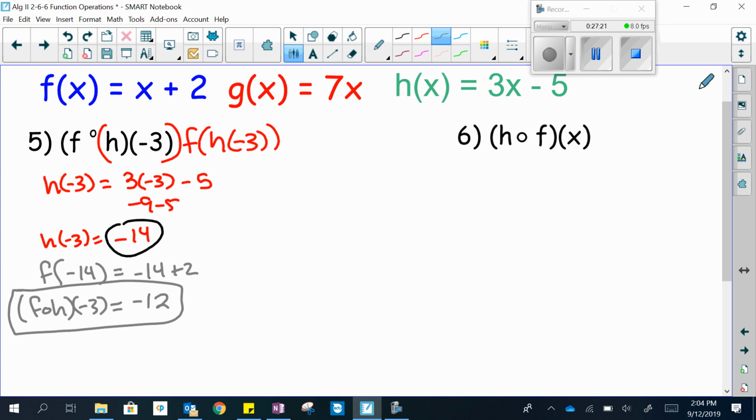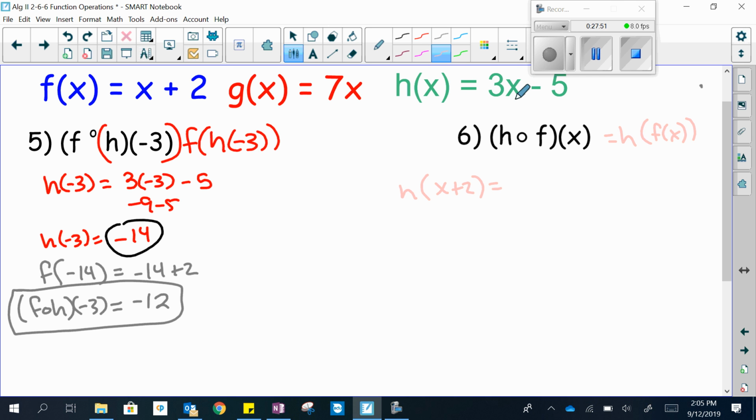Next one, we have h of f of x. H of f of x. So here we're keeping x. So basically, we're going to use f of x in the h function. What's f of x? So in the h function, our input value is going to be x plus 2. So what does that mean?